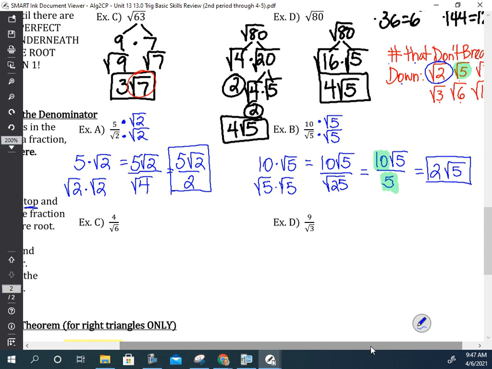So 4 over the square root of 6, same rule applies. Multiply the top and the bottom by the square root of 6. 4 times the square root of 6 is 4 square root of 6. Square root of 6 times square root of 6: if both numbers are underneath the square root, then you can multiply them together. Square root of 36 is 6.